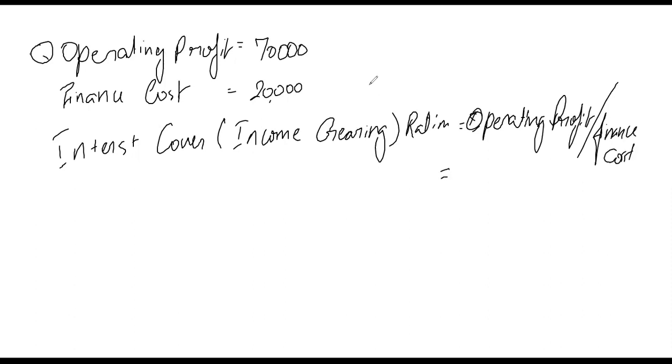In this scenario, I've been given the operating profit of 70,000 divided by 20,000. Let me calculate it first. 70,000 divided by 20,000, I'll be getting the answer of 3.5.